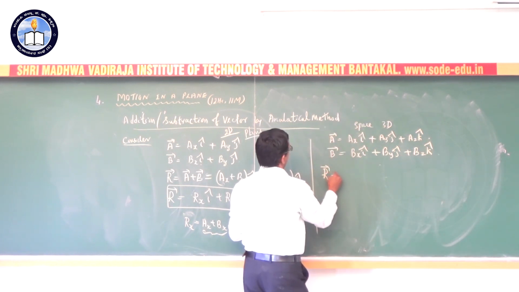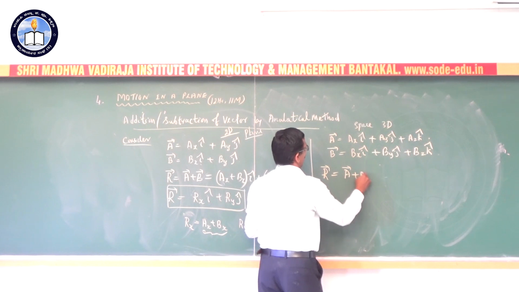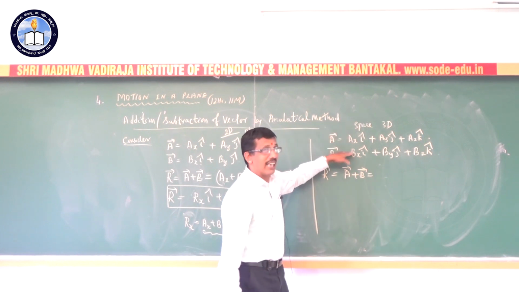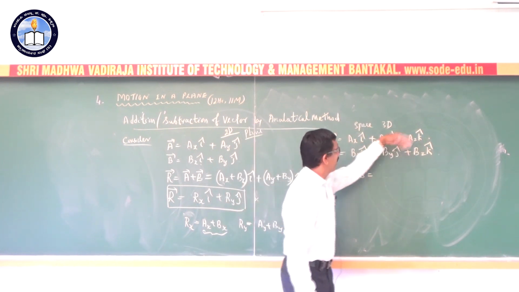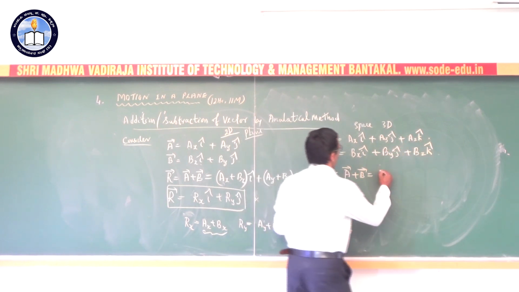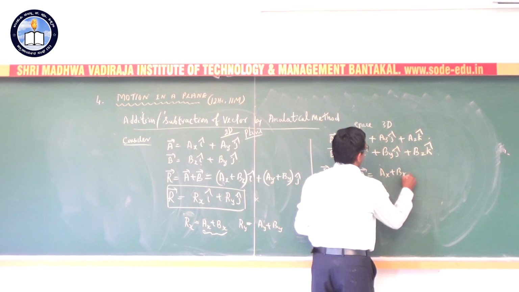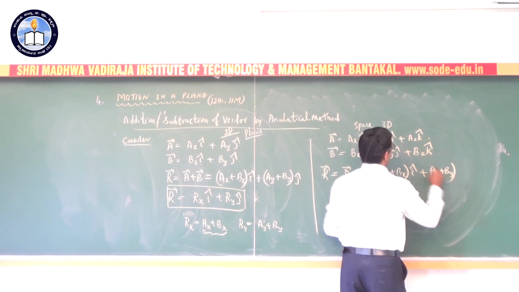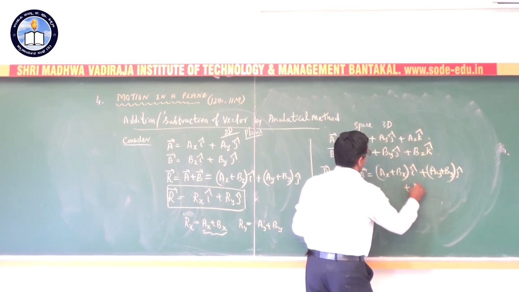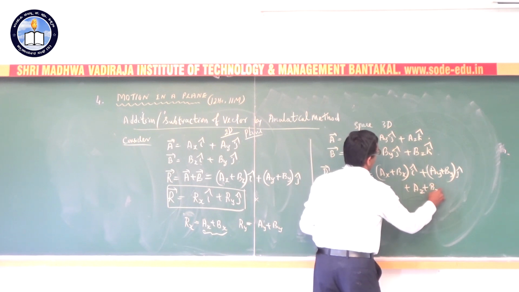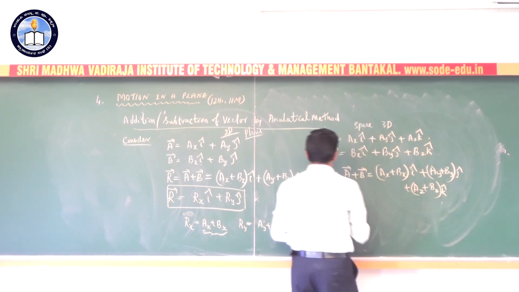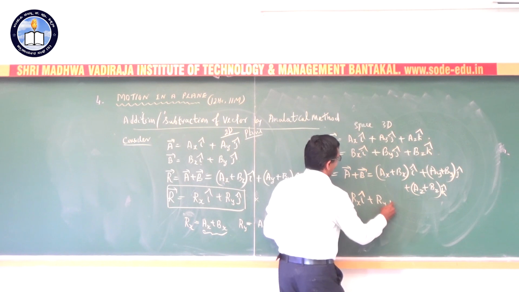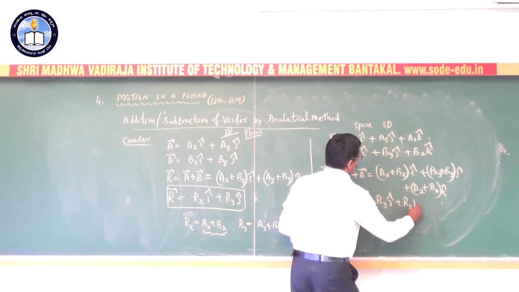Now the resultant, or the sum, is obtained by adding the corresponding x components, the y components and the z components. That is, ax plus bx into i cap plus ay plus by into j cap plus az plus bz into k cap, or this can be written as rx into i cap, ry into j cap, rz into k cap.